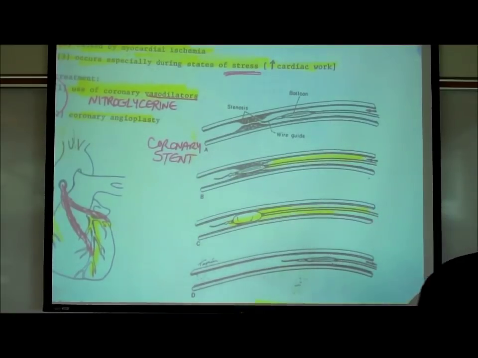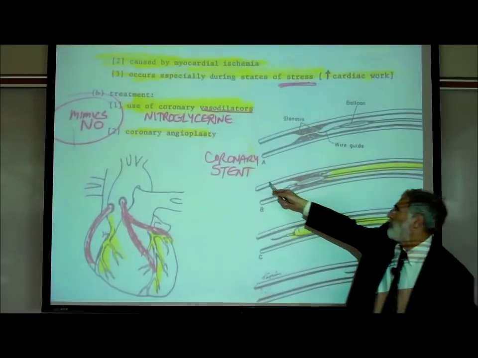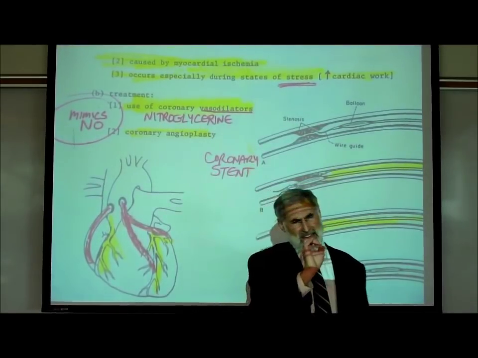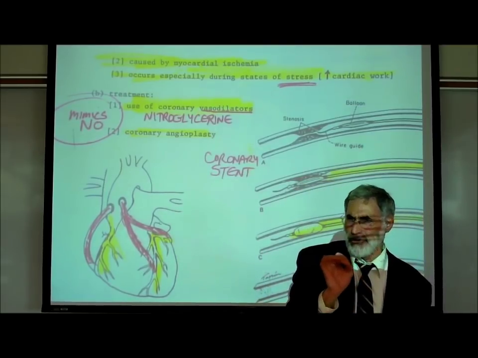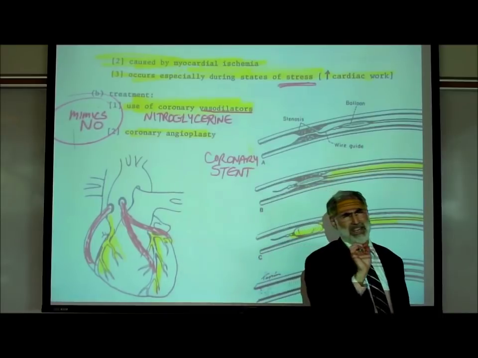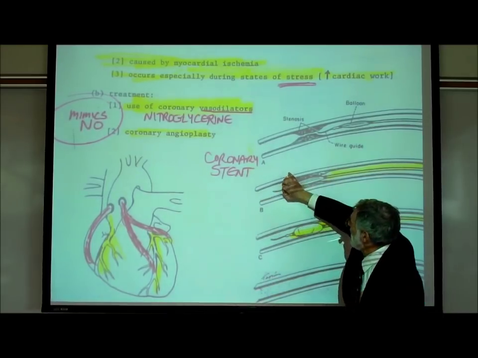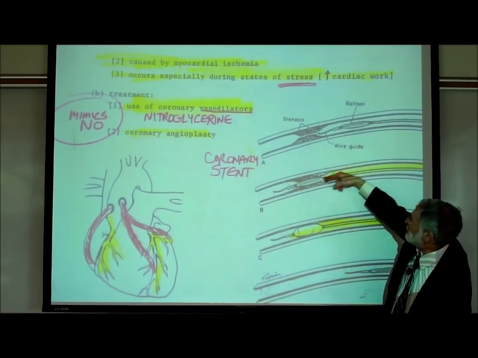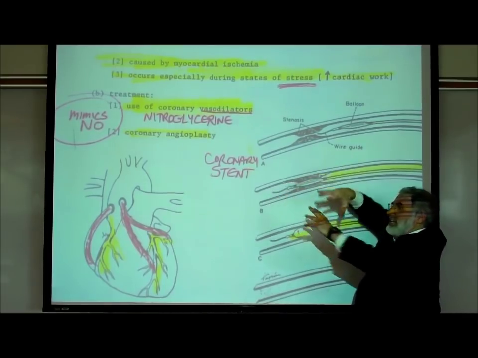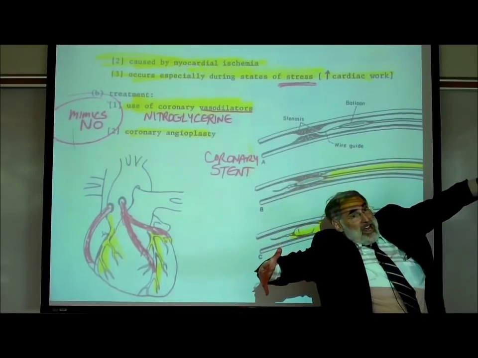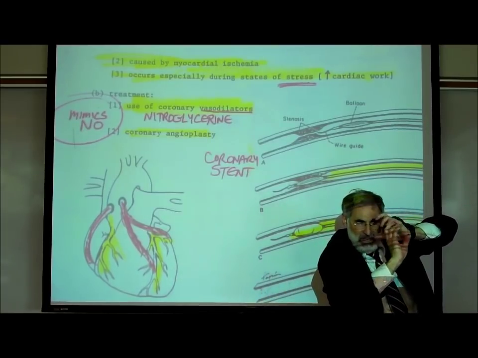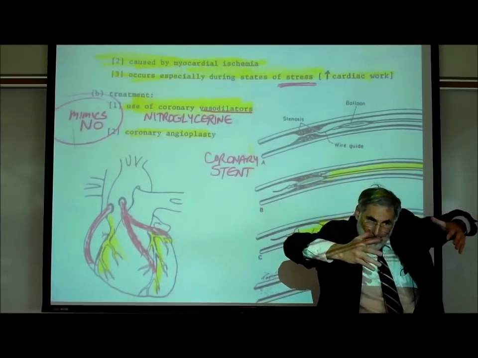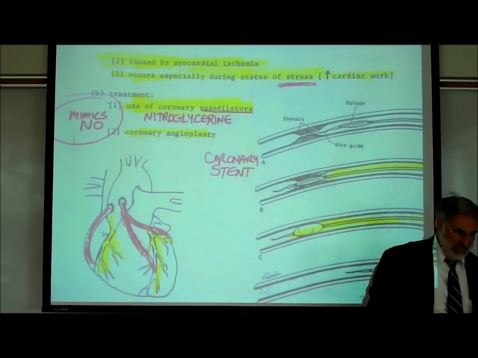The word stent, and I wrote the word coronary stent, is like a kind of Teflon covered cage. They actually insert it and expand it in the artery so that it opens up that vessel wider, so that now there's this device that's keeping the wall of the vessel expanded.